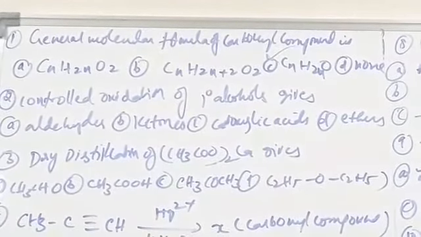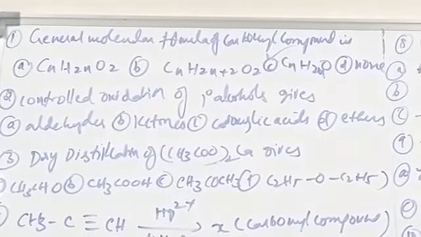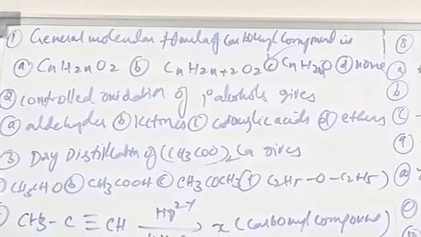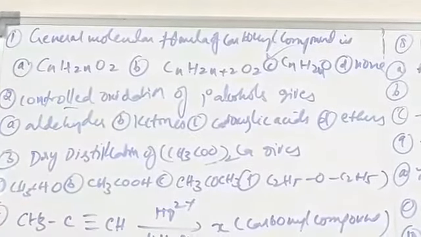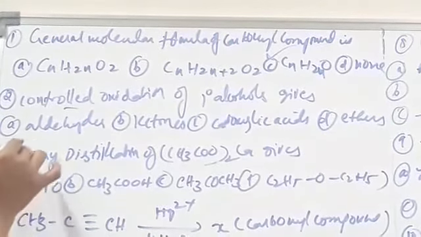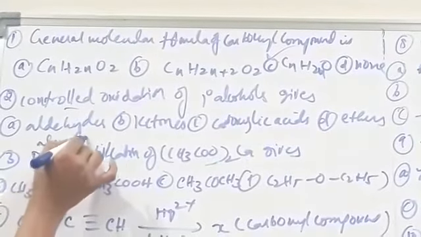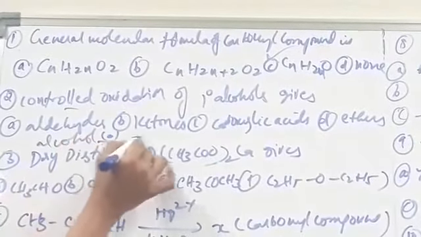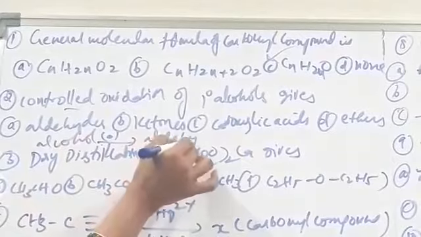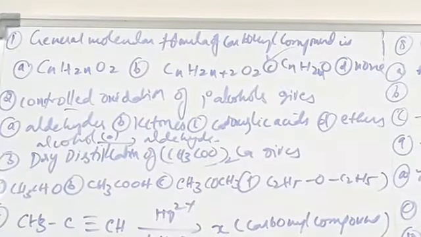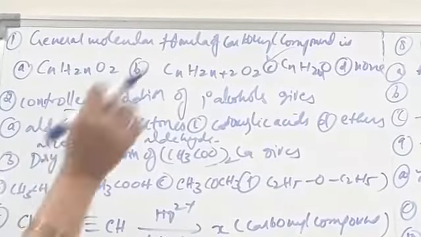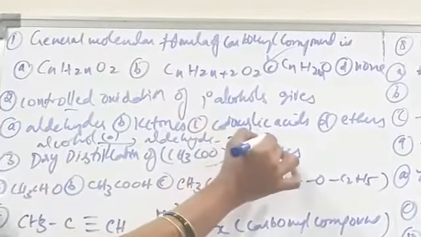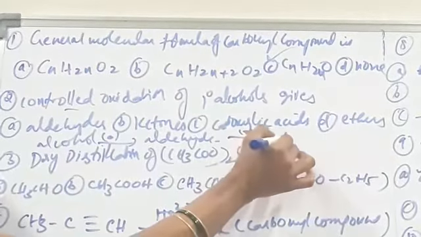Next, controlled oxidation of primary alcohol gives. Here they use controlled oxidation. So generally alcohols on oxidation form aldehydes. Okay. If strong oxidizing agents are used, it further oxidizes into carboxylic acids.